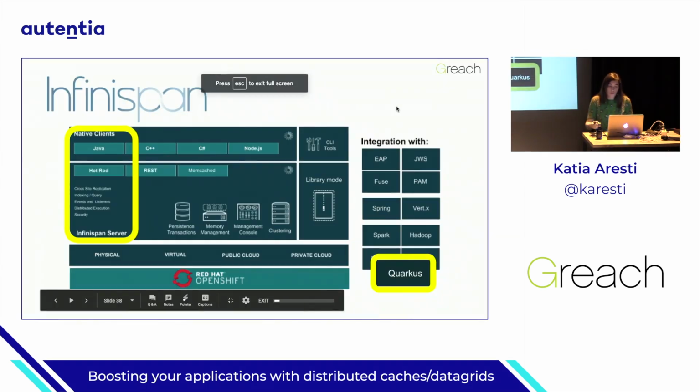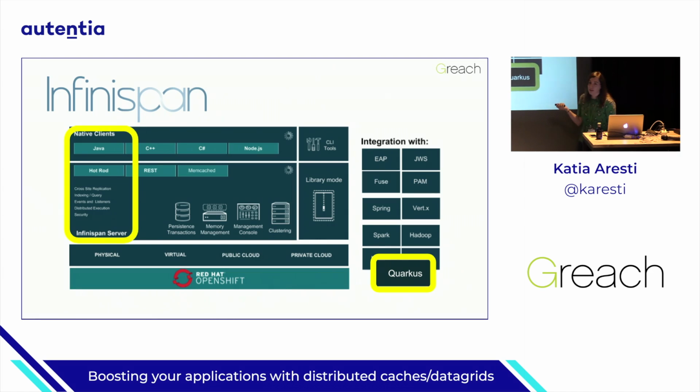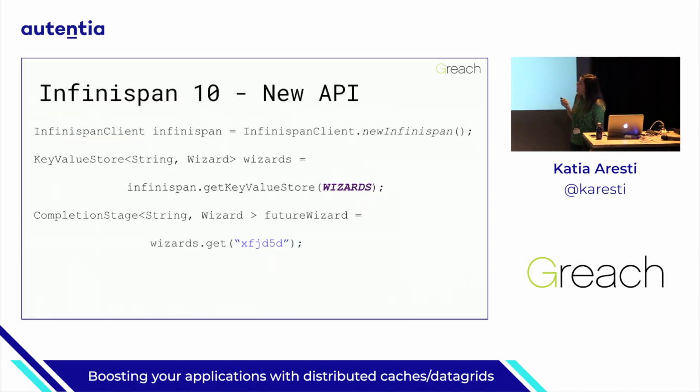This is what we've been using there: the Hot Rod client with Quarkus integration. The embedded mode still doesn't work in native mode, but it probably will. So what you've seen is this.